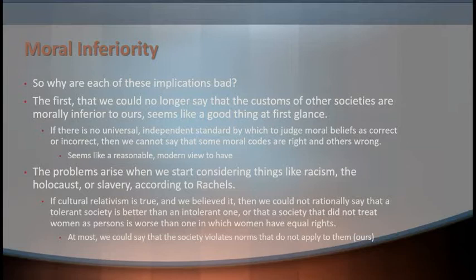But the problem arises when we start considering other things, when we start considering cultural beliefs or moral beliefs about things like racism, the Holocaust, or slavery, according to Rachels.